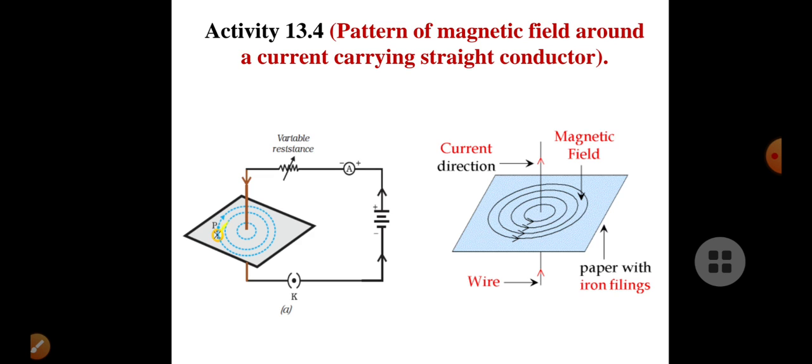Now you can see the arrows on these circles also. Here again it is different. So how will we know in which direction the magnetic field is produced? By this activity, no doubt, we came to know that a magnetic field is produced. But in which direction is this magnetic field produced? For that, we will consider some rules. We will discuss it now.